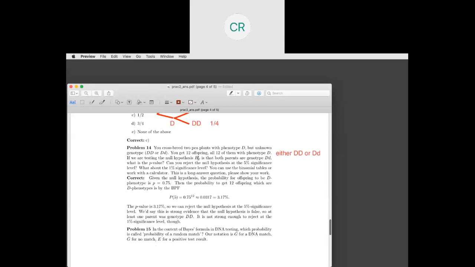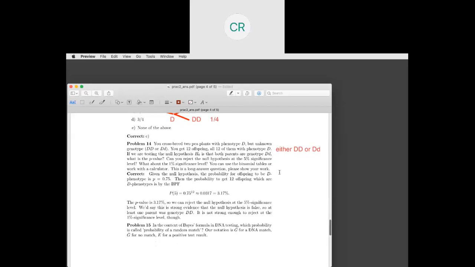So let's have a null hypothesis that both parents are this mixed genotype. Under that null hypothesis, we should be getting the phenotype capital D plants with success probability 0.75.